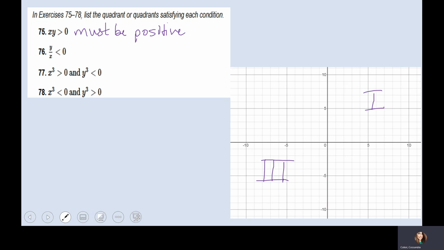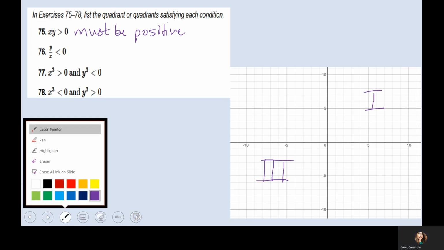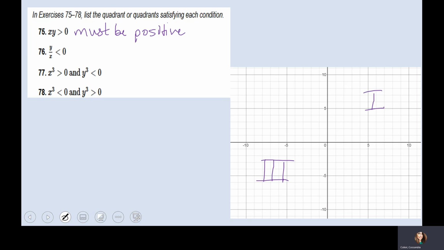In 76, it states if you take y and divide it by x, your answer is less than 0. That's what this states. Y divided by x less than 0, which means it's negative.